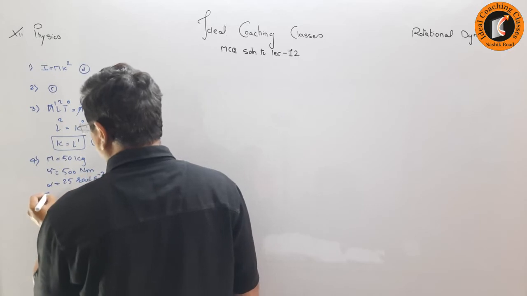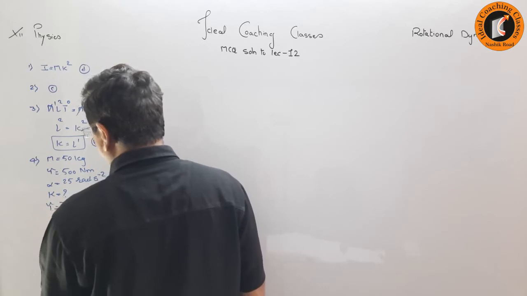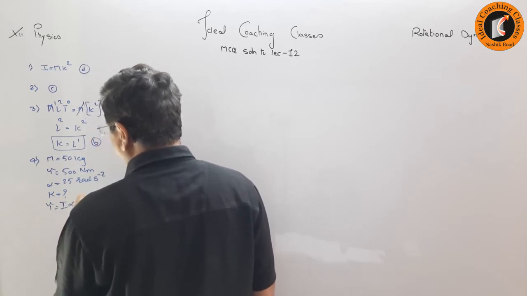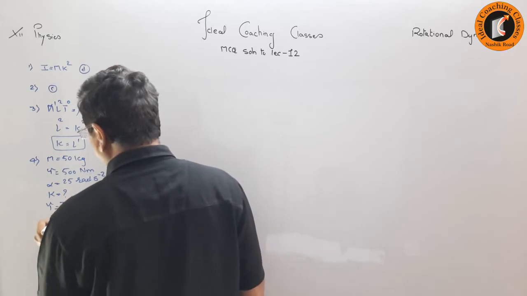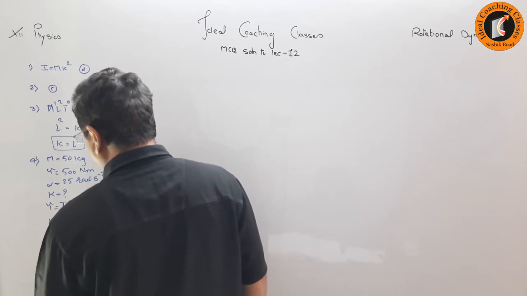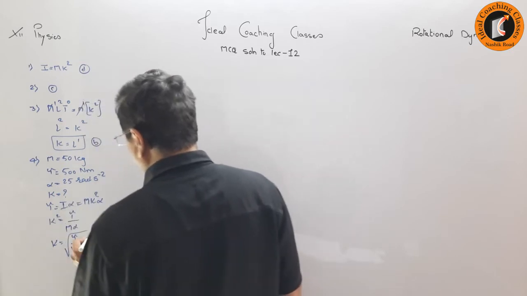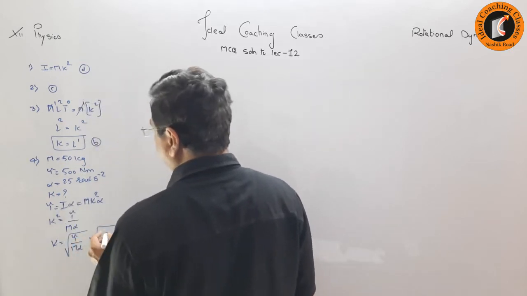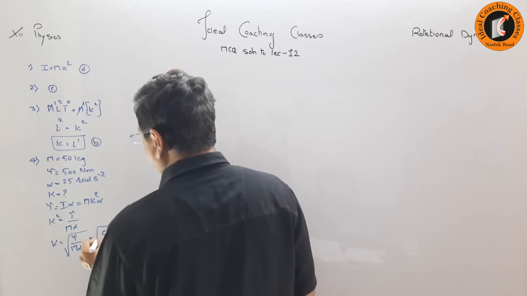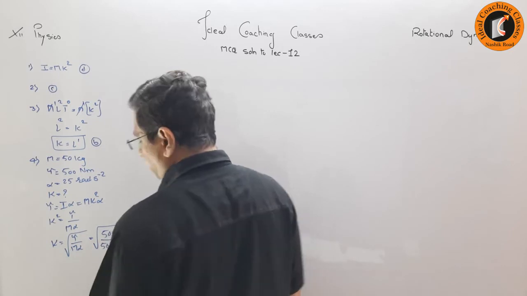They are asking us to find the value of k. So torque is equal to I into alpha, which is equal to mk square into alpha. Therefore k square will be equal to torque upon m into alpha. k will be equal to the square root of torque upon m into alpha, that is the square root of 500 upon 50 into 25.